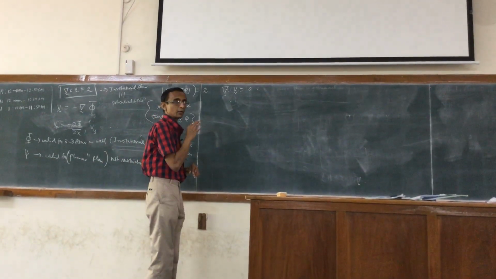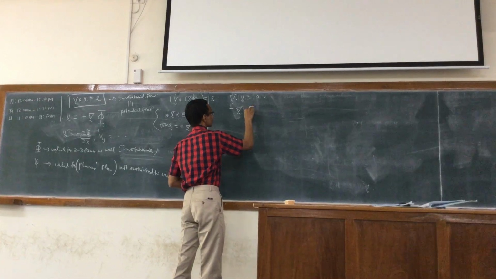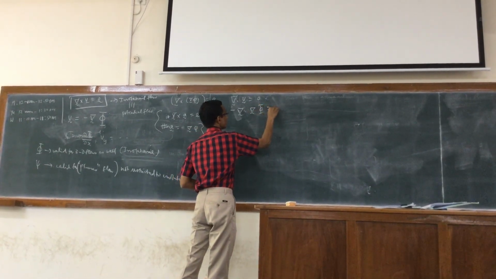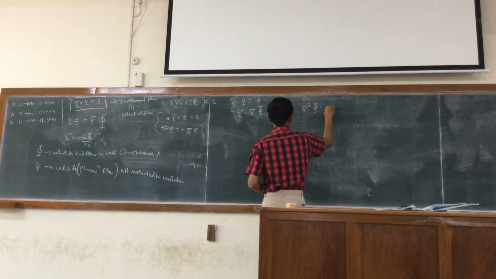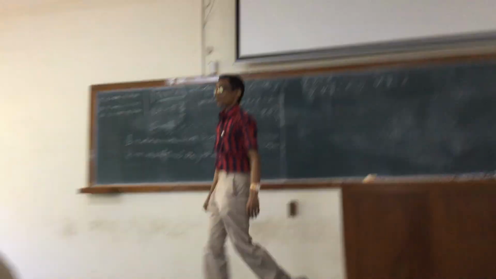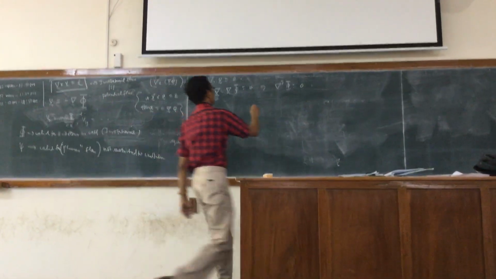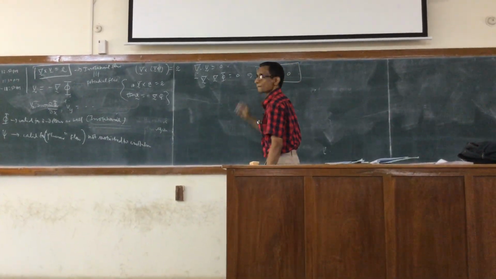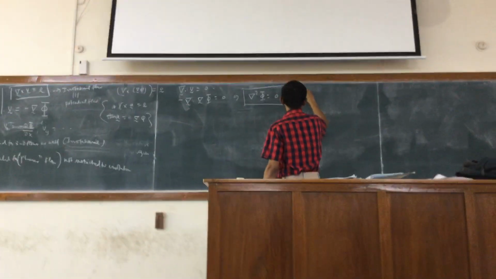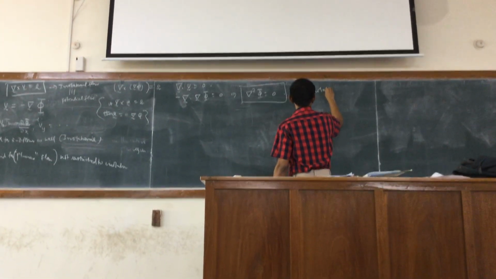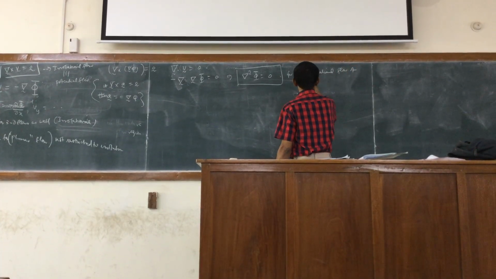For the irrotational flow of an incompressible fluid, the Laplacian of phi is equal to 0, and this is the governing equation for the irrotational flow of an incompressible fluid.